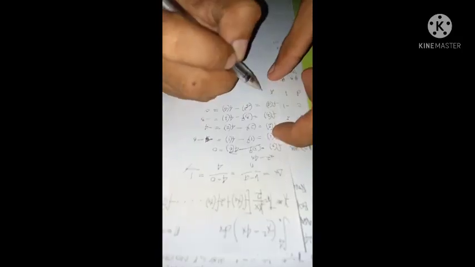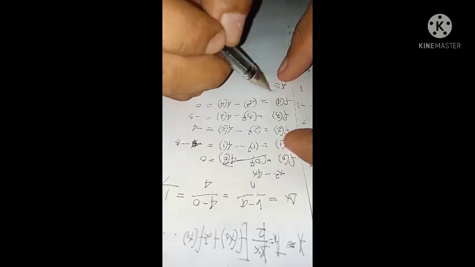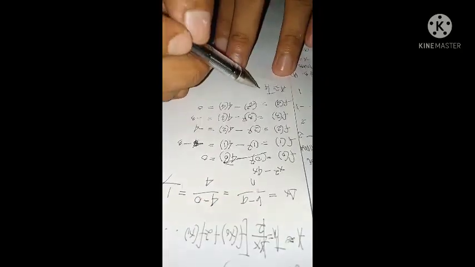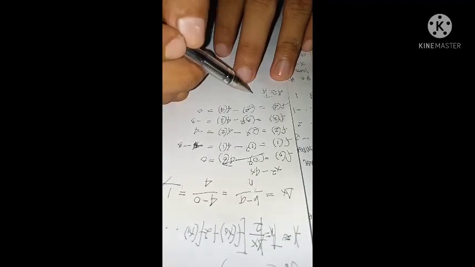So the area is approximately T of 4, which is equal to delta x.